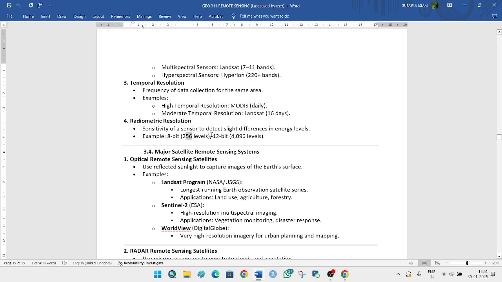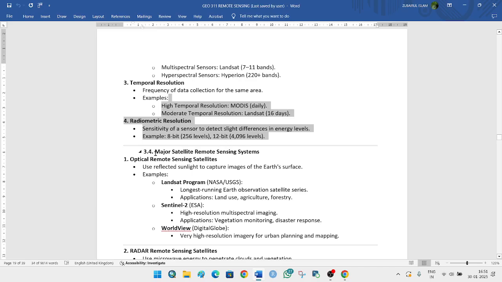And then there is a 12-bit and there is a 16-bit also. So if I say Landsat data is 16-bit, okay. And then if I say Landsat 4, so this is 8-bit data. So as time passes, the radiometric resolution is also improving. 16-bit data is sufficient for the remote sensing.